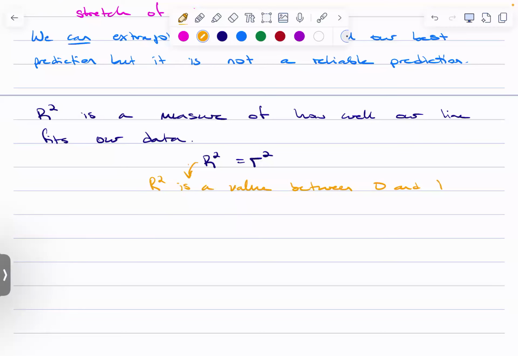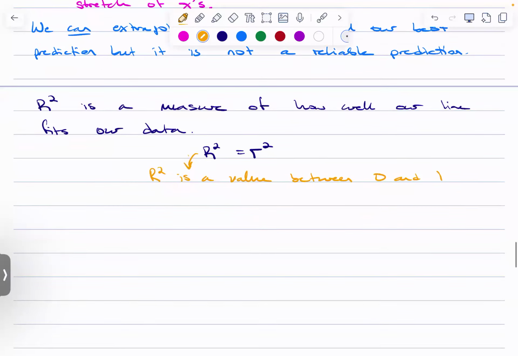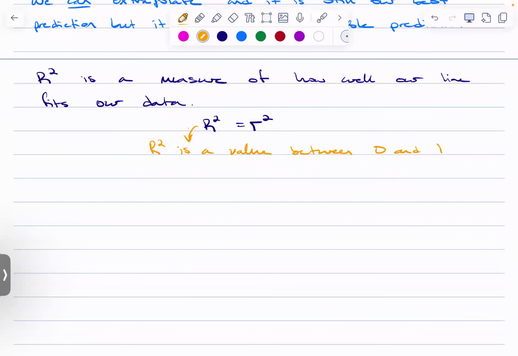It means it's a proportion, or we usually report it as a percentage. So r squared is technically between 0 and 1, usually reported as a percentage.